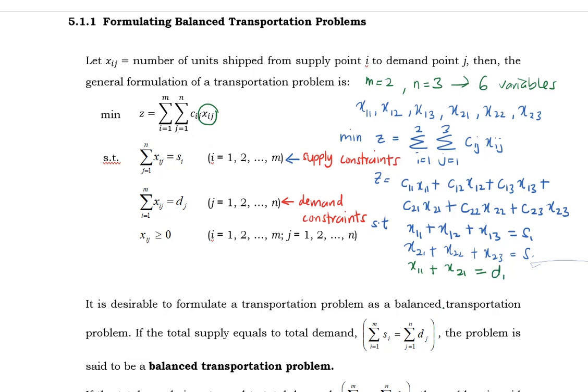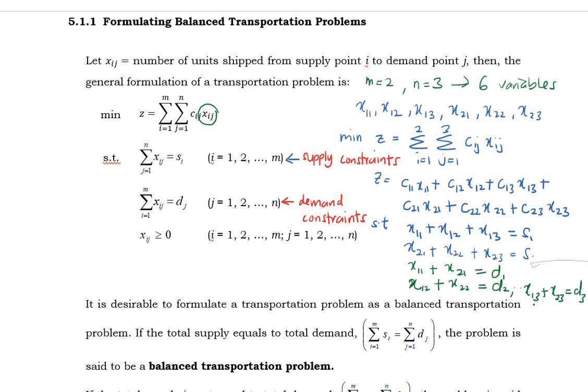The second demand point's constraint is x12 plus x22 equals D2. And the last constraint is x13 plus x23 equals D3.